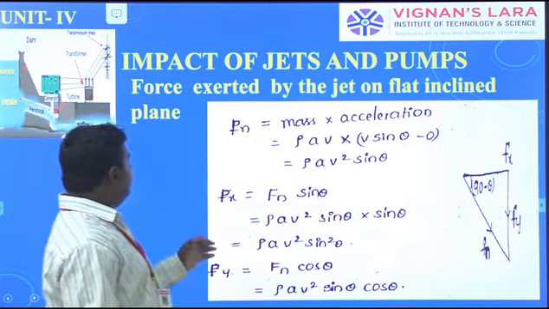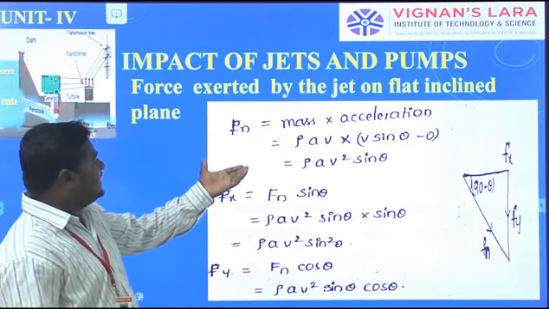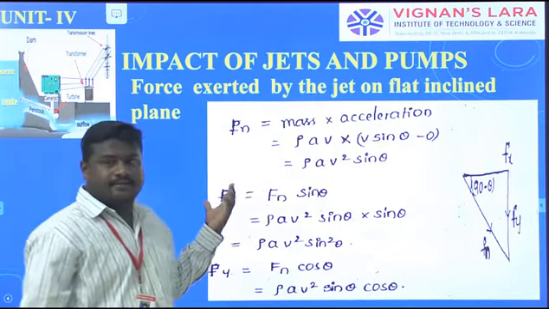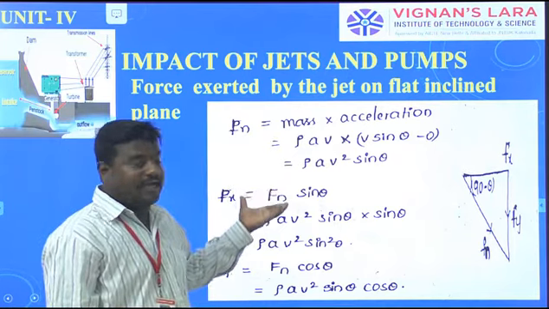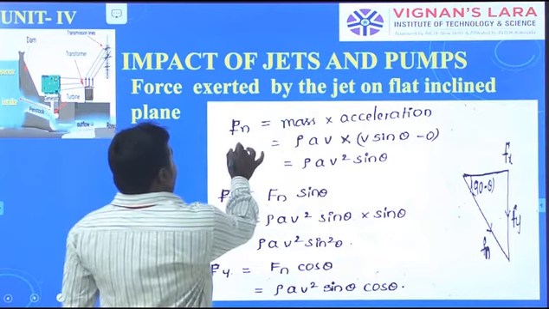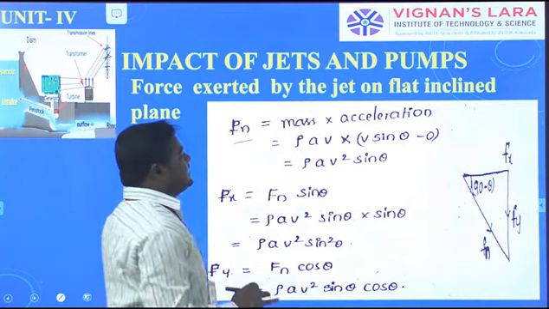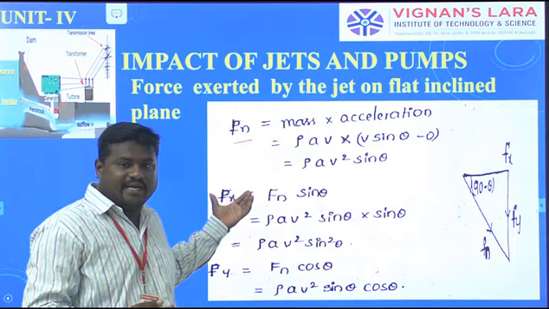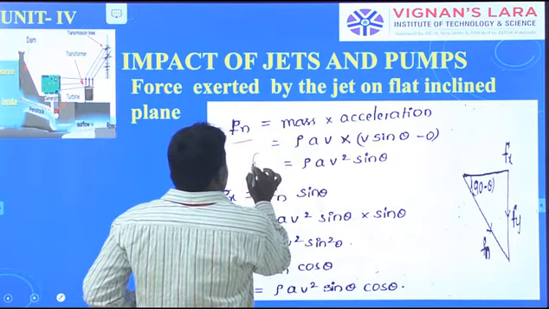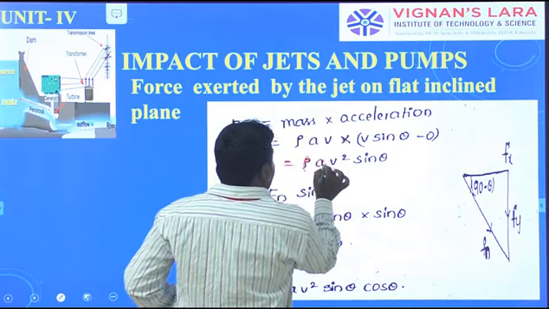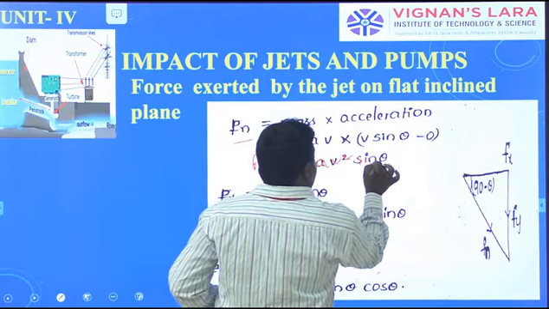In this we have to see the force exerted by the jet on a flat inclined plate. That is the Fn value, mass into acceleration, already explained in the previous slides. Finally we get Fn equals rho A V squared sin theta.